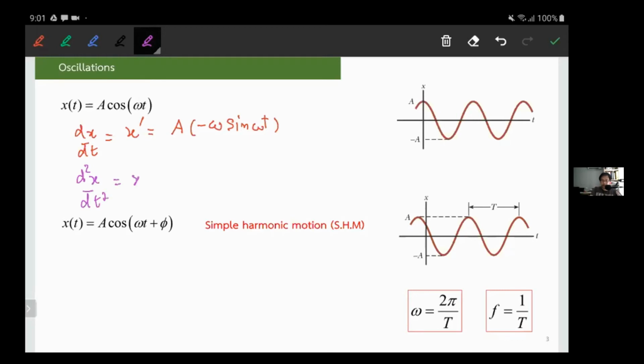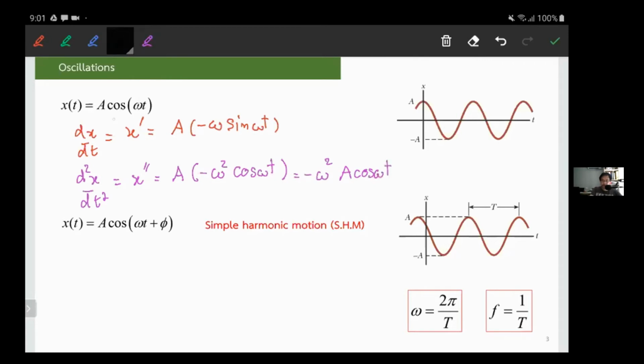Okay. And if I do it one more time, I do the second derivative of that. So that will be my x double prime. The A is still there. I haven't done anything. Okay. And the derivative of the sine is the cosine omega t. And I get extra omega out from the derivative. So I get omega squared right there. And of course, if I rearrange this a little bit, negative omega squared A cosine omega t.